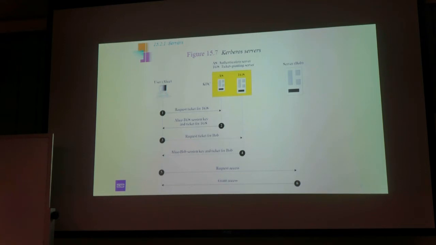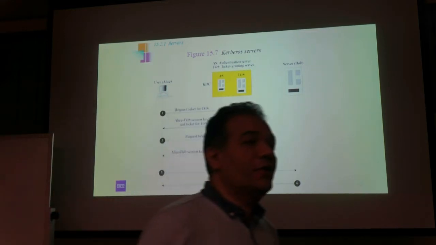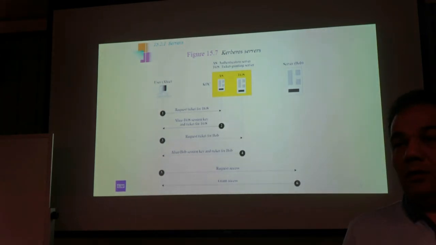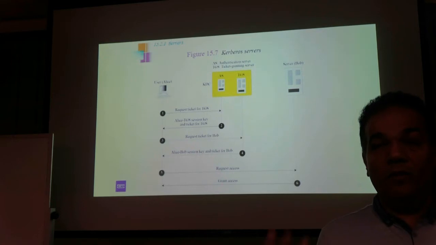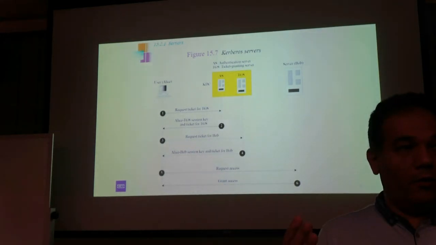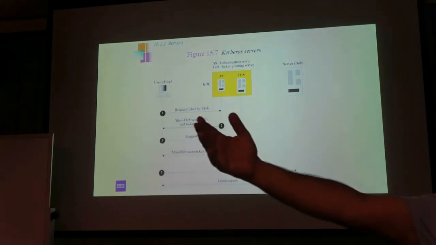Clear? Okay. So again, now the Kerberos server has two entities, let me repeat. So now what is Kerberos? It's a server for Windows, for two things: authentication and key management.